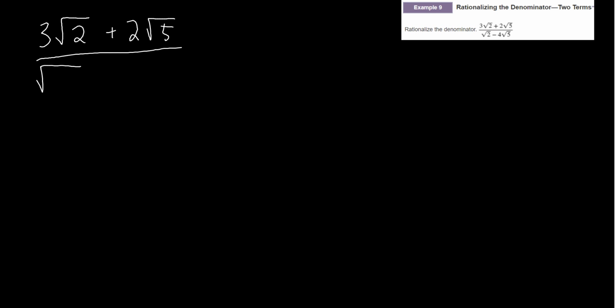So real quickly, let's rewrite this problem. 3 on the square root of 2 plus 2 on the square root of 5. Oh yeah, this is going to be awful. And we've got the square root of 2 minus 4 on the square root of 5.